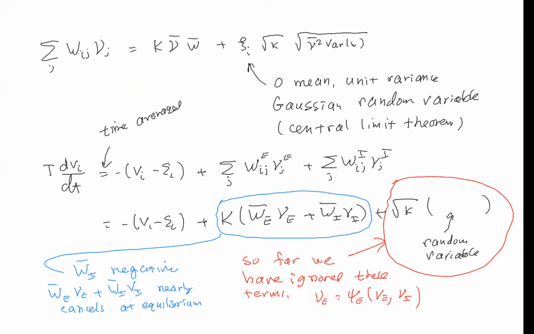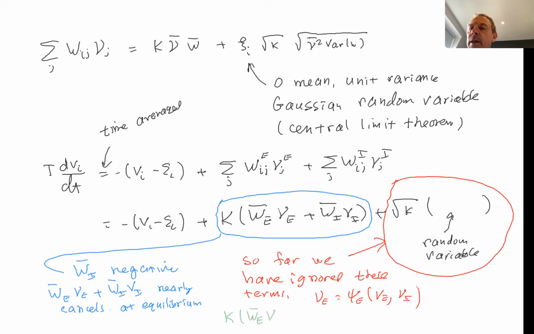So it turns out, and we may actually talk about this, this term looks like it's proportional to K, and this term looks like it's proportional to root K. But it turns out, for reasons that are hardly obvious, that K times wE bar nu E plus wI bar nu I is actually proportional to the square root of K. I'll get there's some reference on the website, but it's not super important for what we have to do.